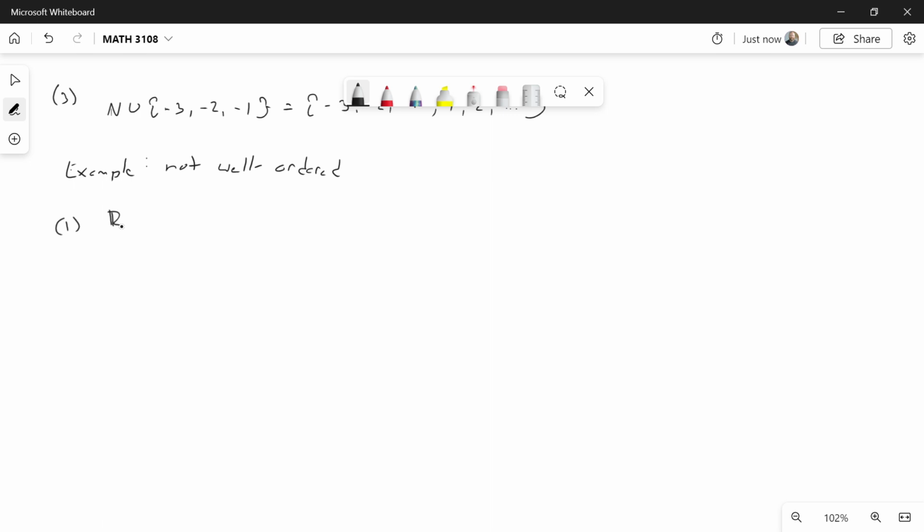So why is the real numbers problematic? Well, it's problematic for this reason. Let's pick a subset S out of this. So S is going to be equal to the open set between 0 and 2. So it contains everything in between 0 and 2. It just doesn't include 0 and it doesn't include 2. So what's the problem with this? Well, there is no smallest element.